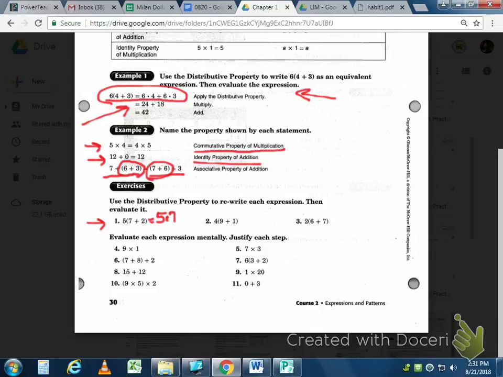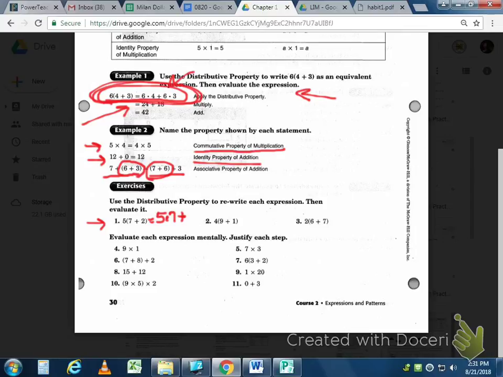5 times 7, what's operations in the parentheses? Plus, and then check out this one up here so that you see what they did. You distribute it all the way through. So 5 times 7 plus, not just 2. It's 5 times 7 plus, look at this one that I'm talking about up here.